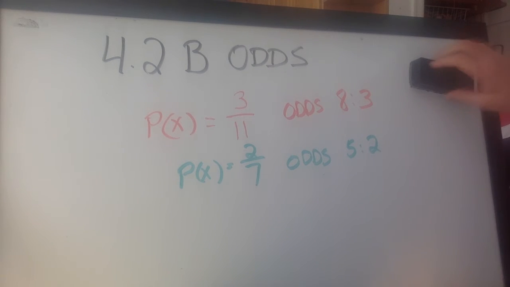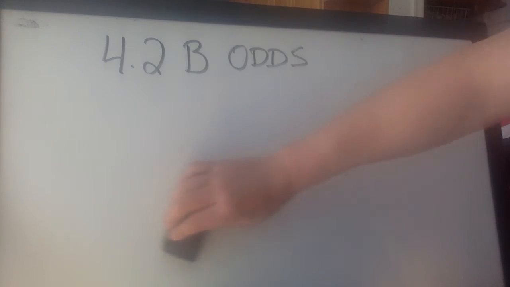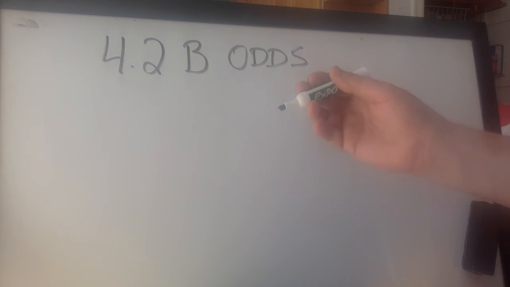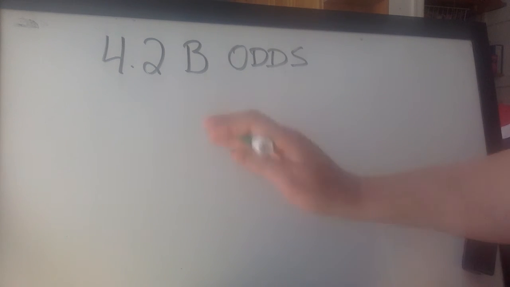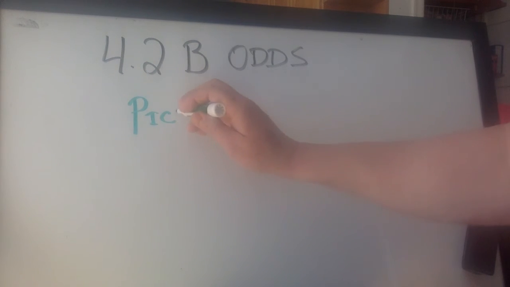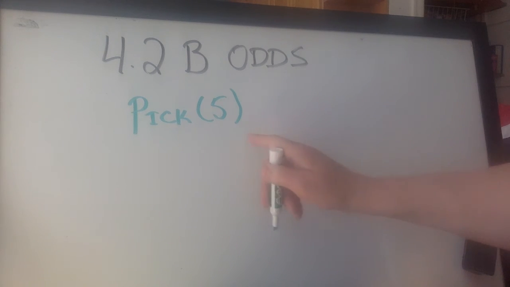Now I am going to show you one more thing because this is on your homework. This is one of the reasons Las Vegas and gambling places always stay in business. So we're going to do an example. We're going to pick a 5 out of a deck of cards, any 5.